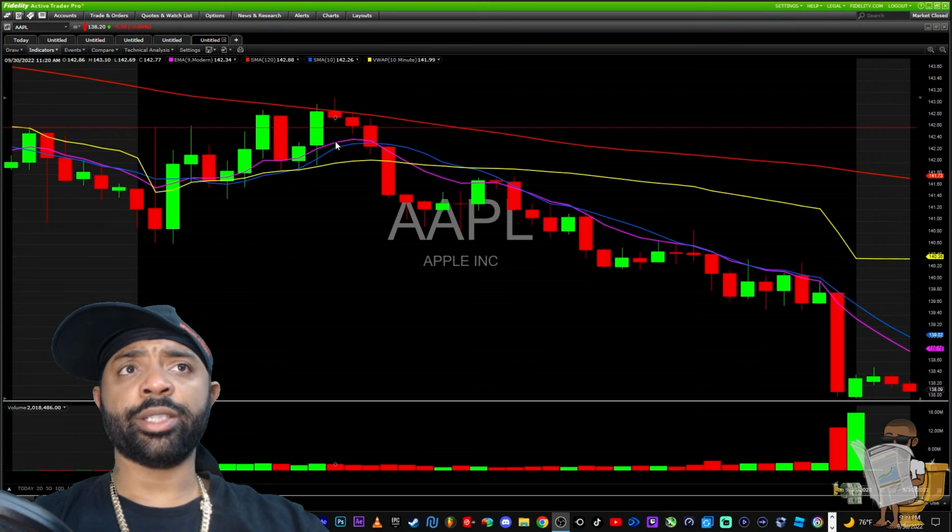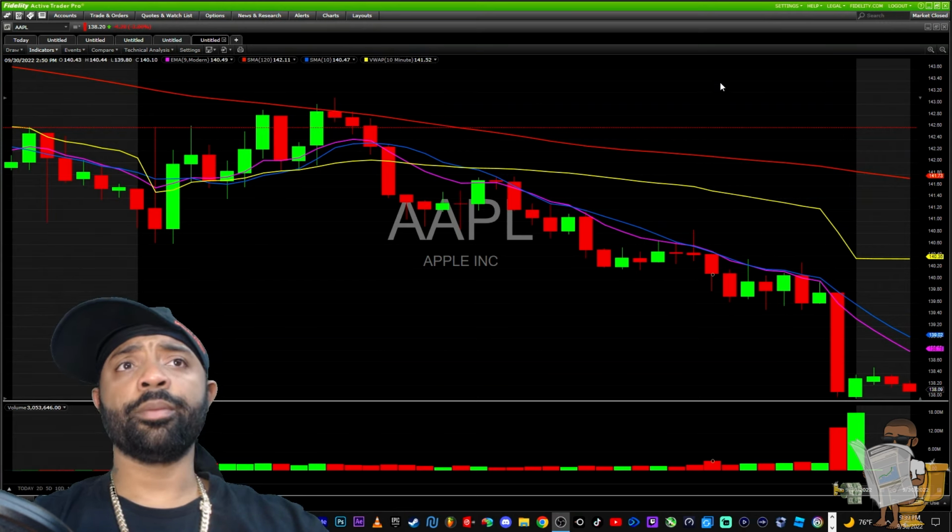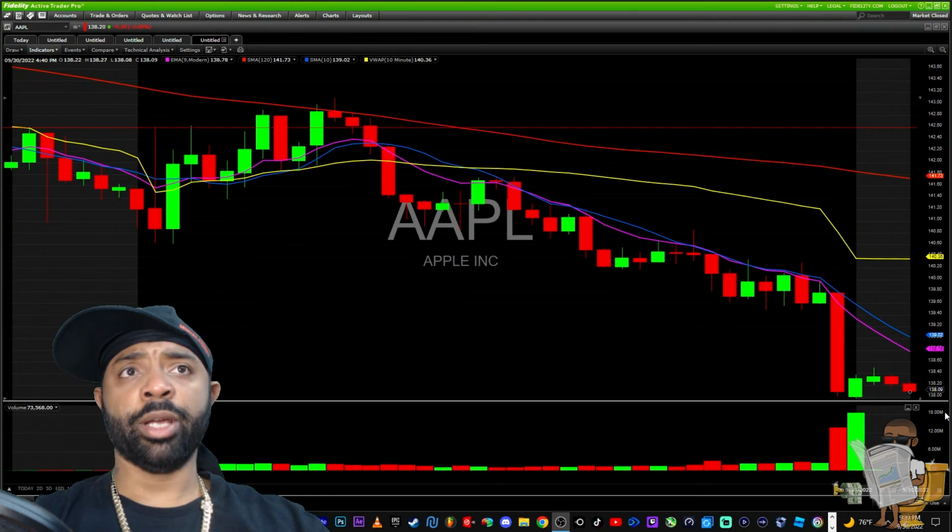Basically, if the price action is over the 120, then it's in an uptrend and a bullish pattern, most of the time. And if it's underneath it, it's bearish.